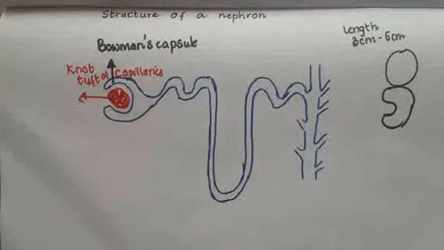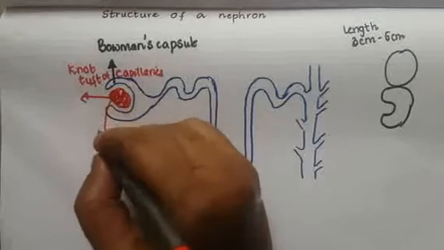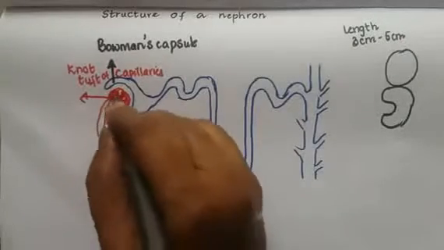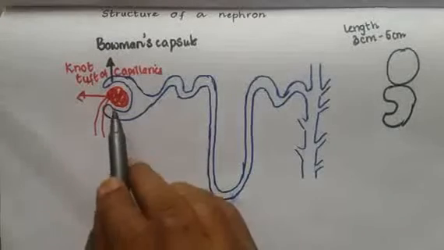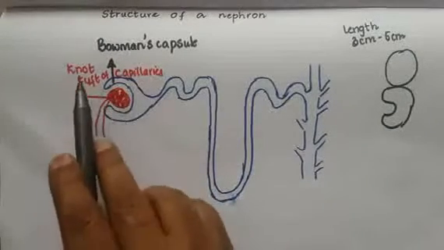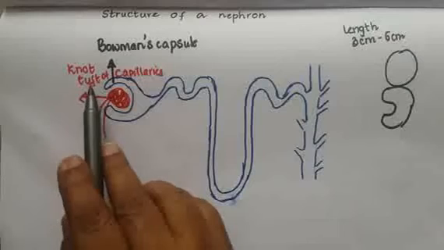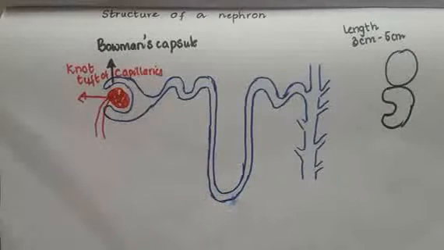So how do we have this tuft of capillaries? We have learnt in the circulatory system chapter that an artery branches out to form arterioles, and at the end of the arteriole you find the capillaries. So thus, in the concavity of the Bowman's capsule we find a knot or a tuft of capillaries.